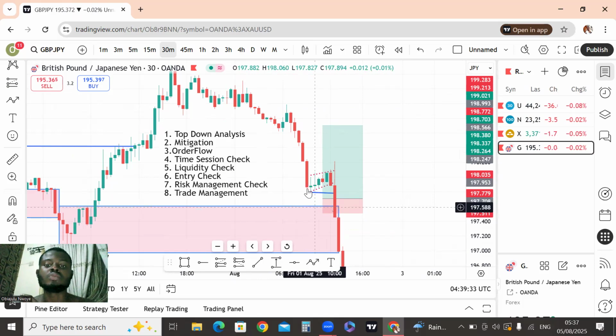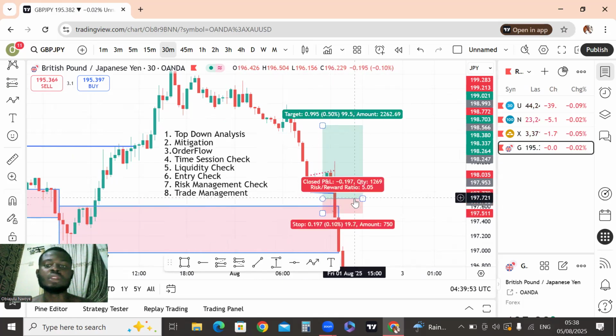So what I should have done was to wait to know if this low will be broken, if there will be a candlestick closure that will now make this a structure. If I had waited and seen something like this happen, I would not have taken this entry.